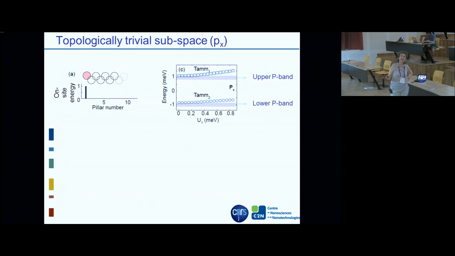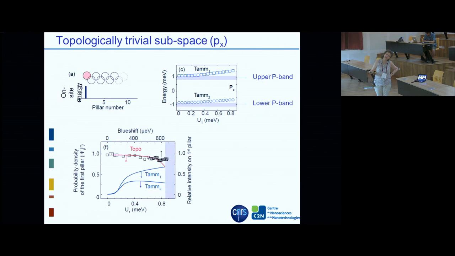Actually, if you really increase a lot U1, so you completely detune the first pillar with respect to the others, it's as if you were removing one pillar from the chain, and then actually one of these Tamm states is going to become topological, because this is the px orbital, which is going to be topological, and the py trivial, because you have removed one pillar. Okay, so we have always the coexistence of these Tamm states and these topological states.